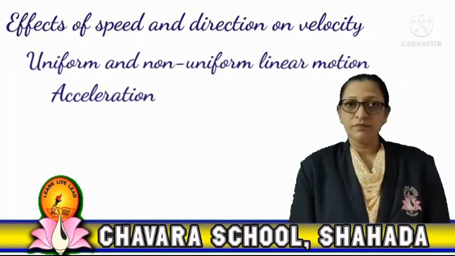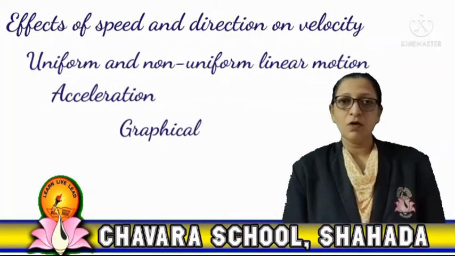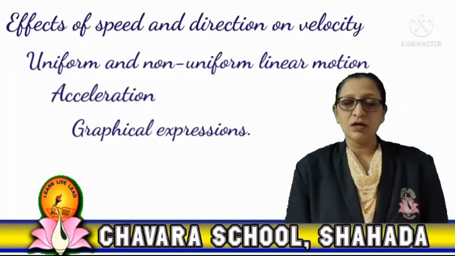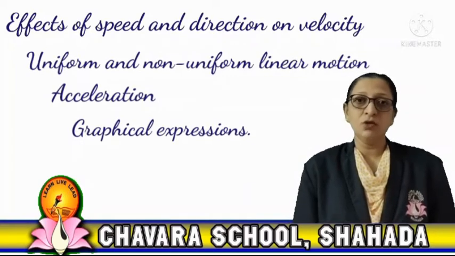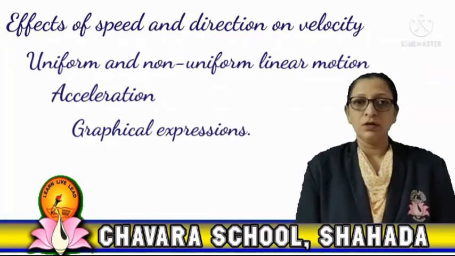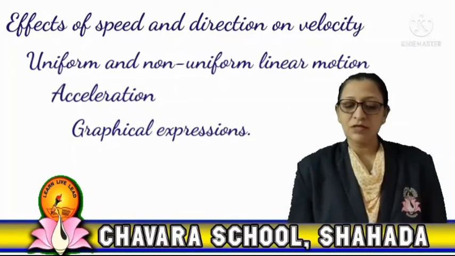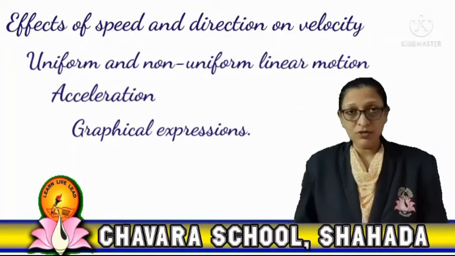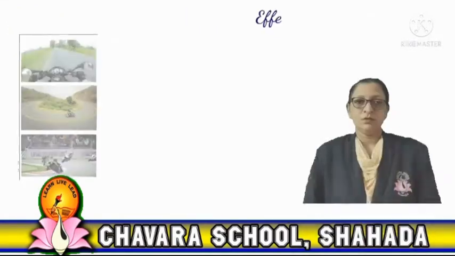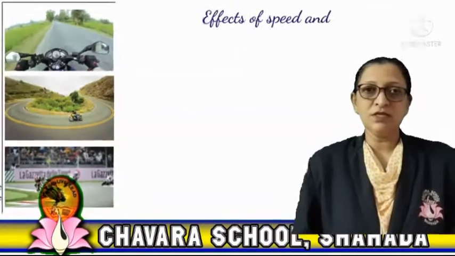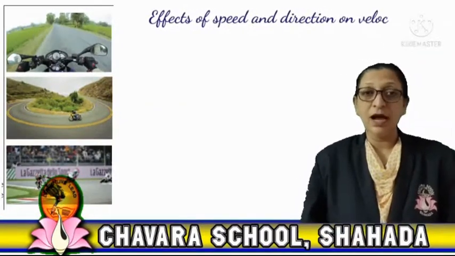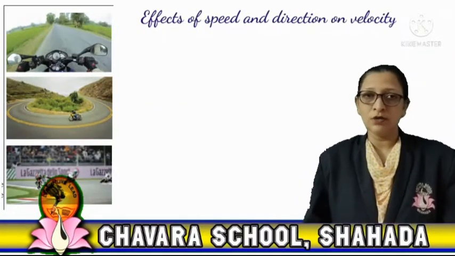Then we will study different graphs of objects which are in uniform as well as non-uniform linear motion, like distance-time graph, velocity-time graph. So let us begin with the first point, effects of speed and direction on velocity.